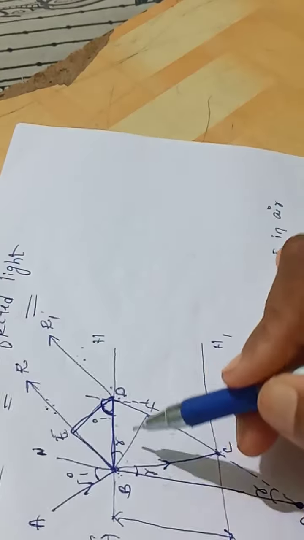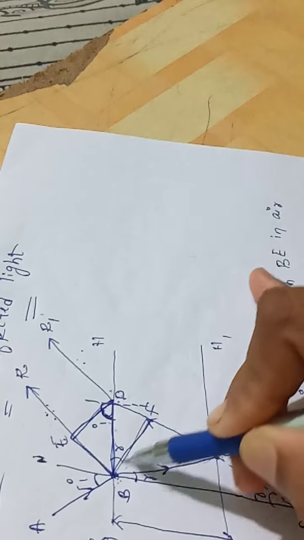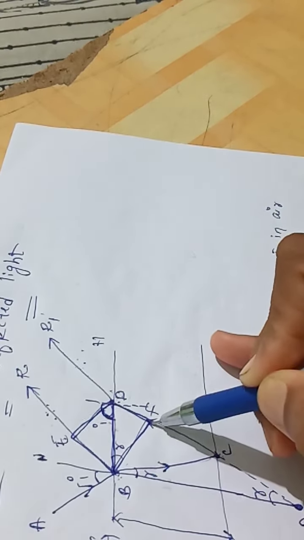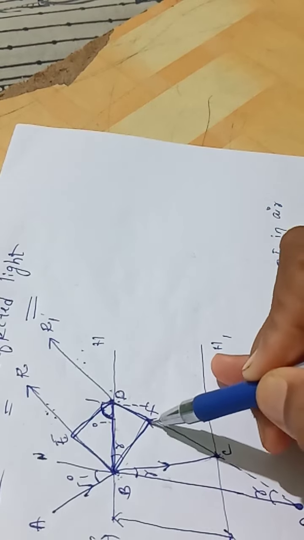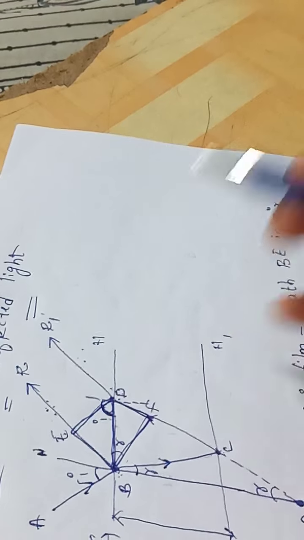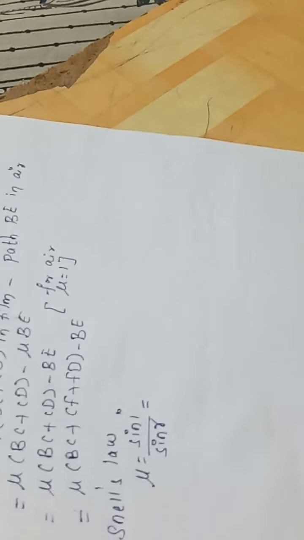Similarly, for sin R, we consider the triangle BDF: opposite side FD and hypotenuse BD.